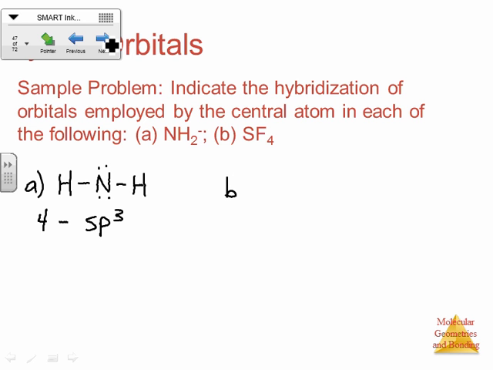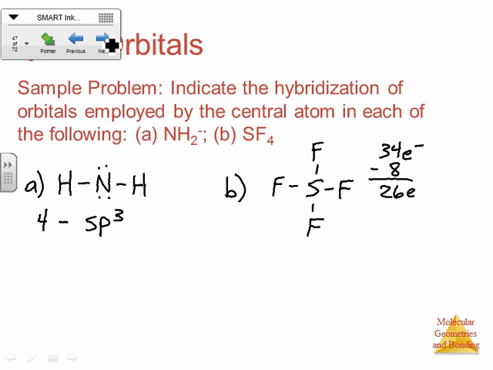Okay. For letter B here, SF4. Let's figure this one out. So in this one we've got 28 plus 6, 34 electrons. And we just used up 8 of them around the central atom, so that leaves us with 26 electrons.